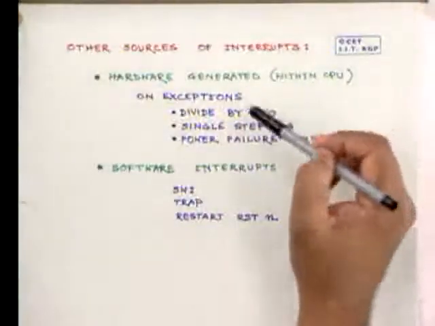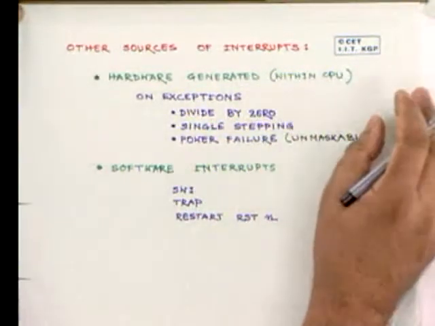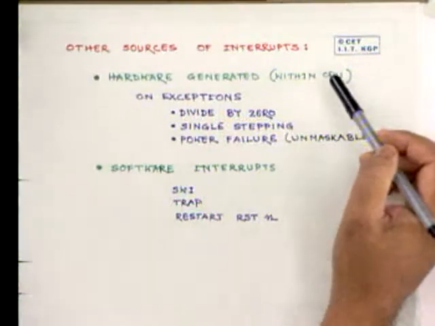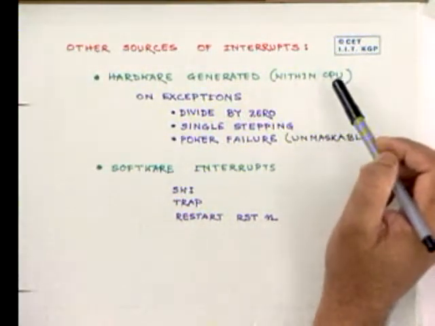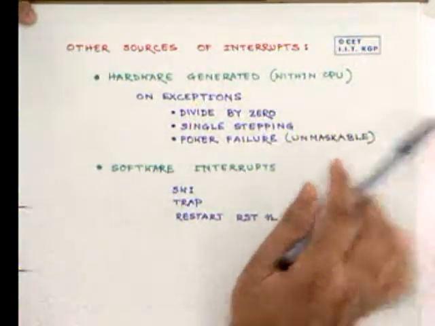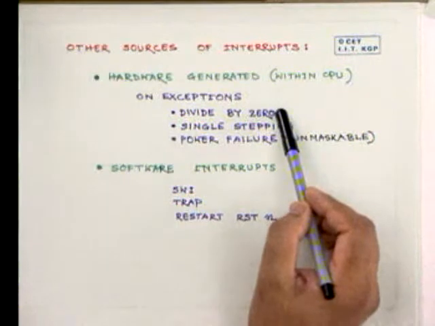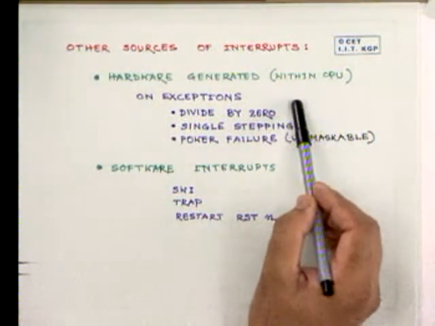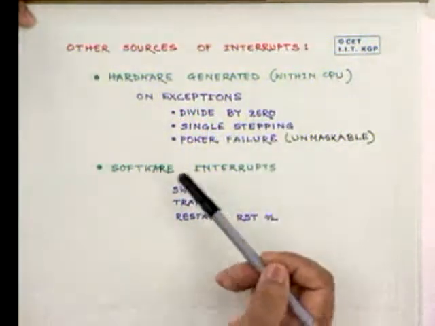One is that there may be some interrupts generated by hardware within the CPU. The purpose of the interrupt is to go to a handler and then come back at the point of interruption. Now, this hardware generated interrupt can be on any exception. For example, say the ALU is doing a division operation, say divide by 0. The ALU itself can raise an interrupt.